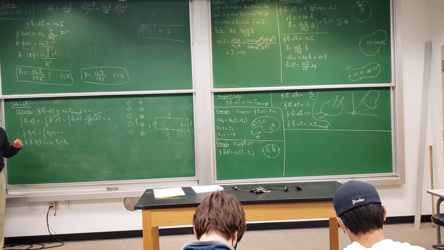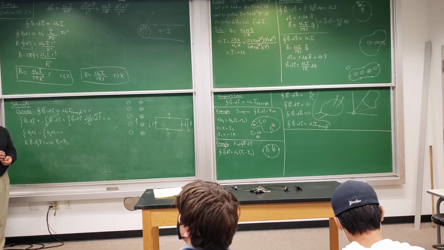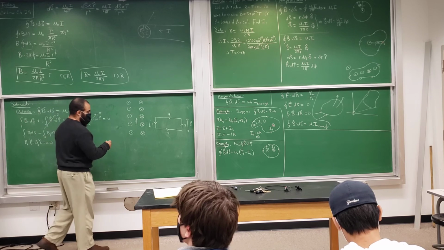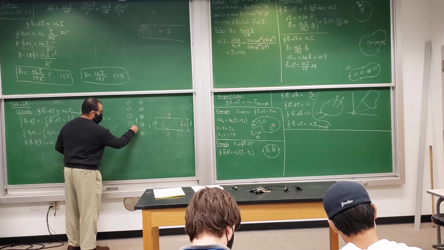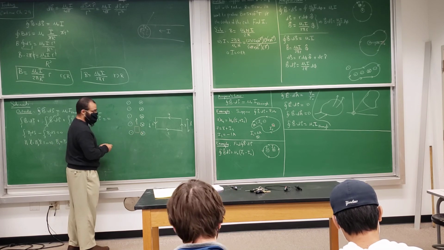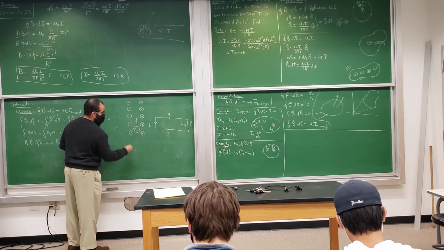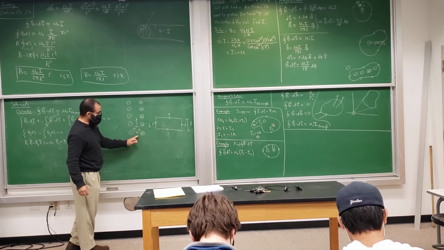Inside, the argument is this: the magnetic field has to be constant inside. I'm just going to do it kind of quick. Here is my loop, very similar to the previous loop, but I'm now inside.